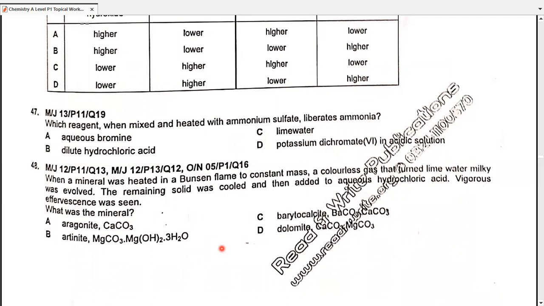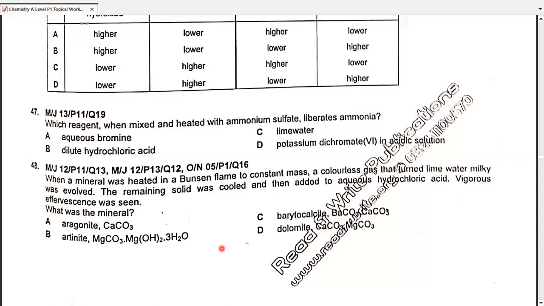Which reagent, when mixed and heated with ammonium sulfate, liberates ammonia? B or D? I think it's either B or D. If I say both of them are incorrect, what would you pick?